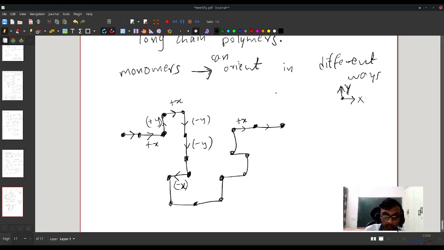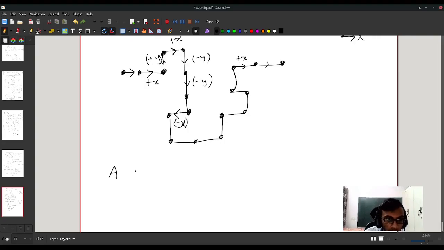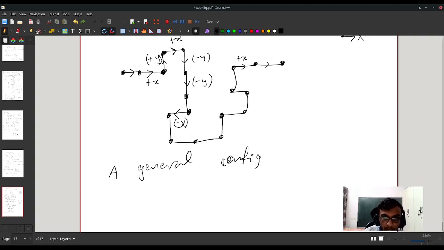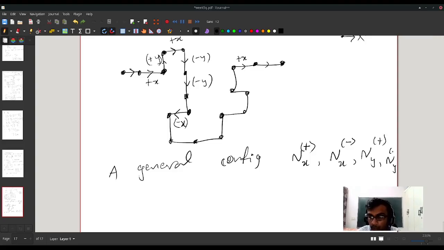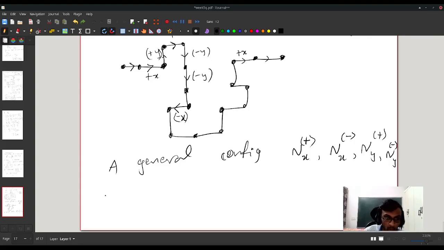So a general configuration will involve some certain number of monomers oriented in the plus x direction and minus x direction, and so on. So the total number of monomers is n. So all these must sum to n.